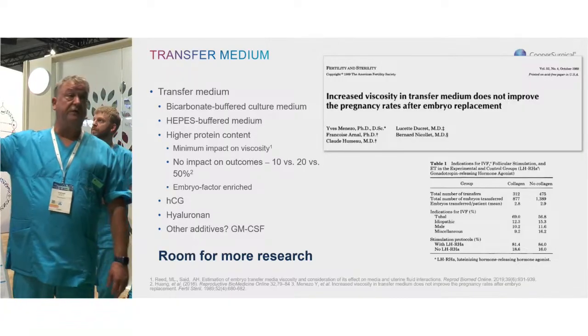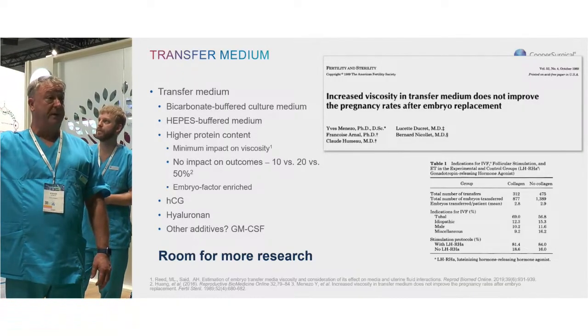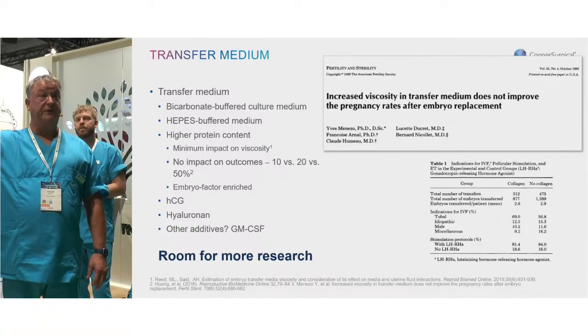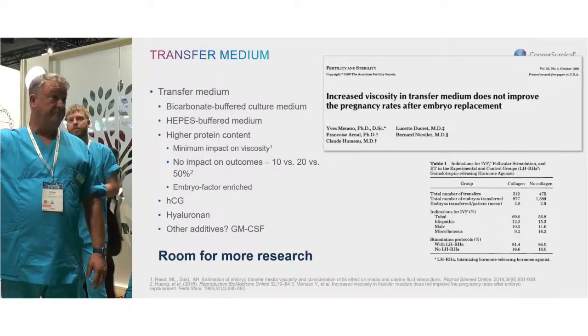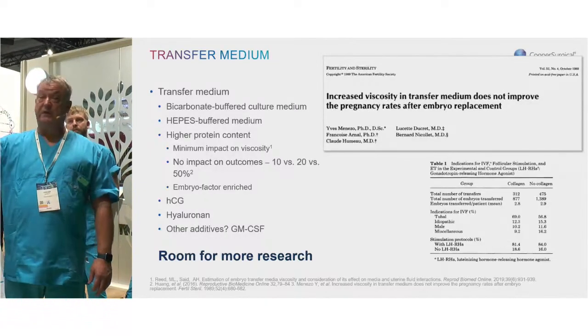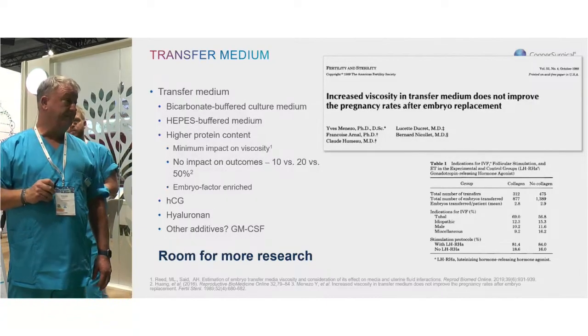So if you can use a bicarbonate buffered media, probably as good as it can be, but you've got to consider temperature and you've got to consider CO2 concentration. If we move to HEPES or MOPS, we don't need to consider CO2, but we do need to consider temperature.